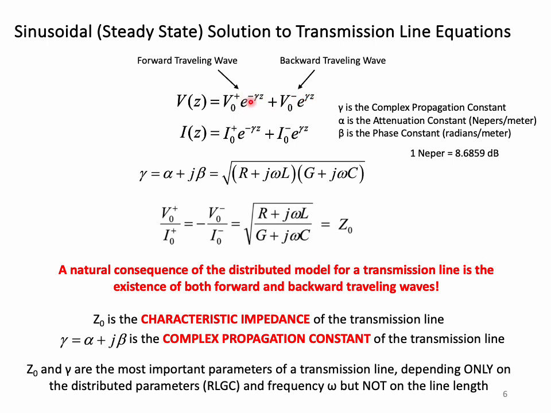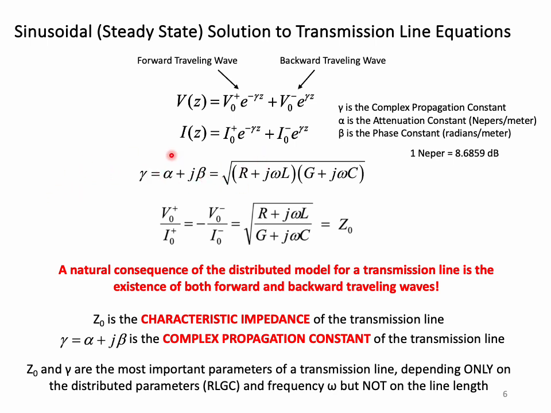In both cases, we end up with a decaying exponential. Same thing is true for the current. The parameter gamma in these equations is given by a real term alpha plus an imaginary term j beta. Alpha is known as the attenuation constant, and beta itself is known as the phase constant.